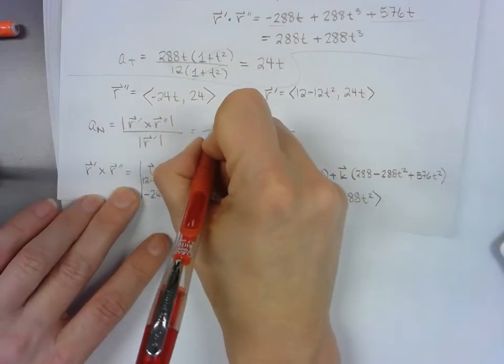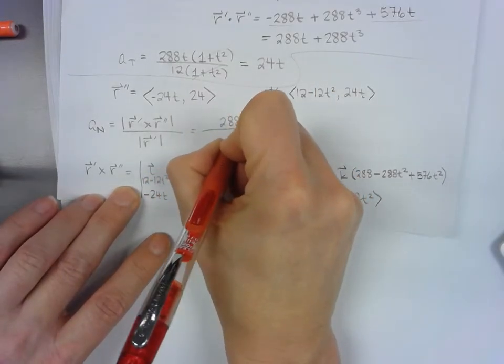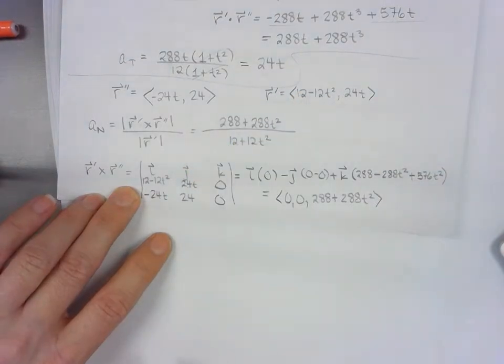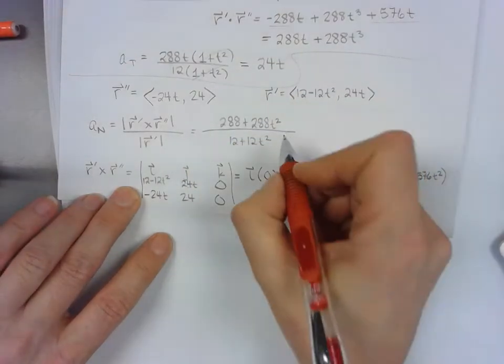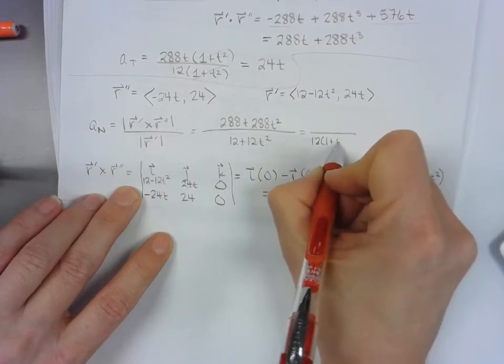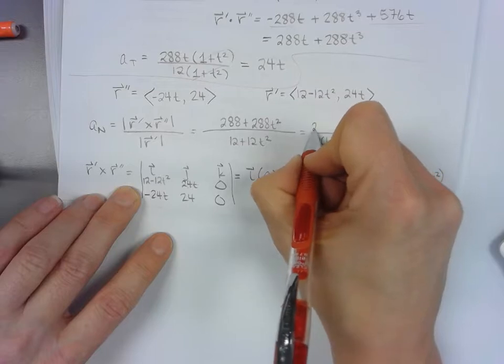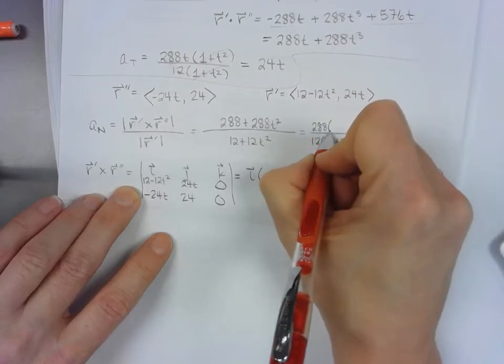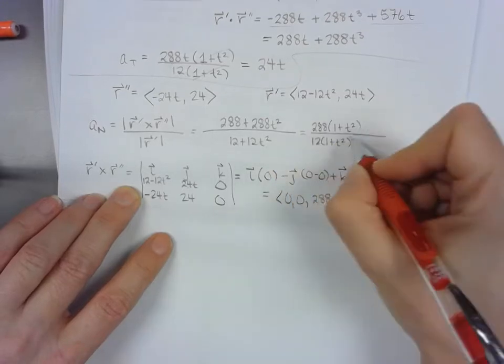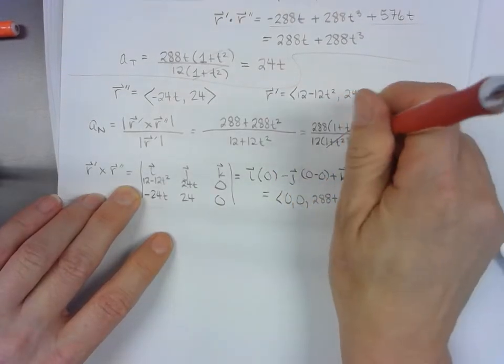So 288 plus 288t squared. In the denominator, you can factor out a 12. In the numerator, you can factor out a 288. The 1 plus t squareds cancel, and you just get 24.